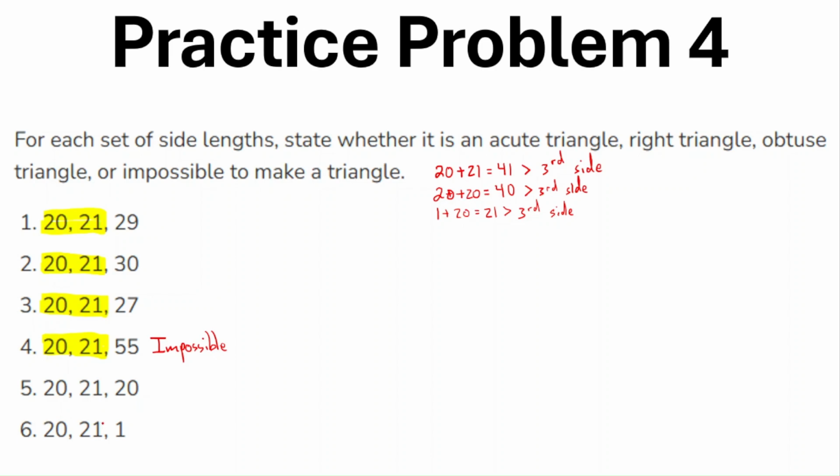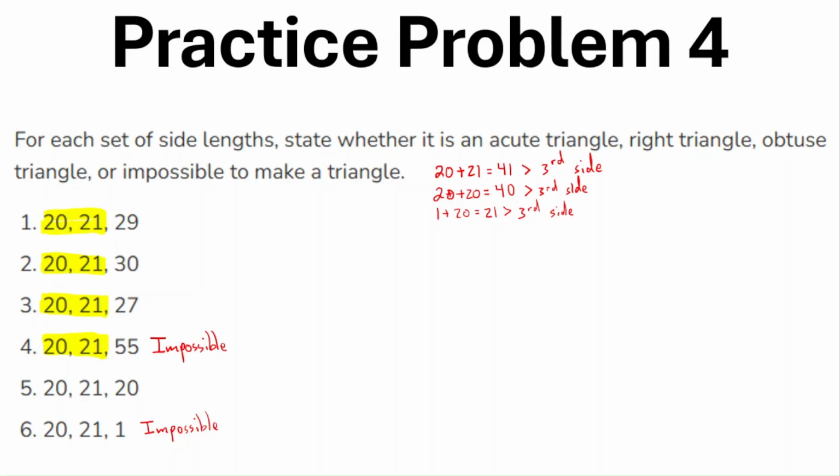So this is one line laying on top of another. There's no extra length to pop out and create the triangle. So that means number 6 is also impossible. So now we know which 2 sets of side lengths are impossible.